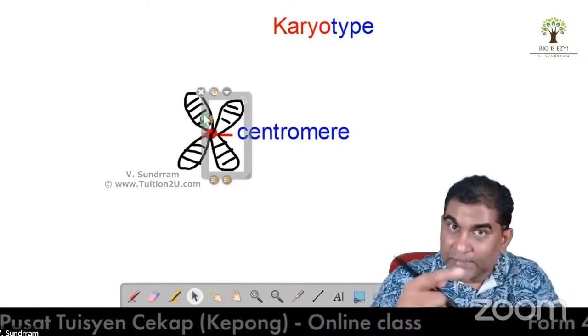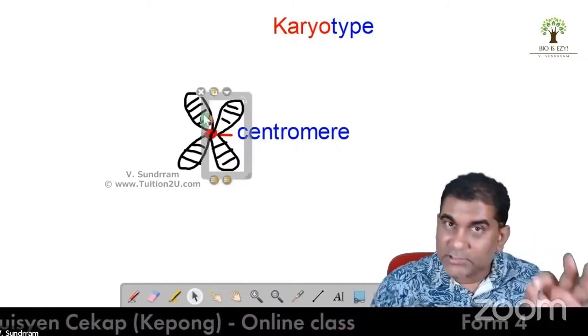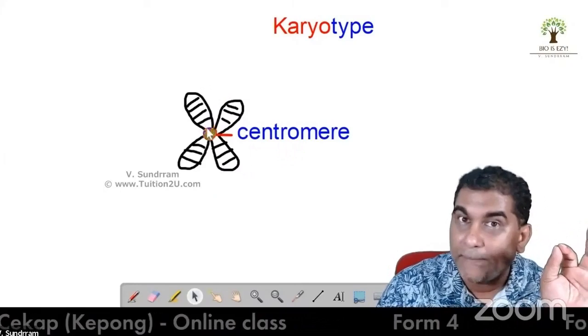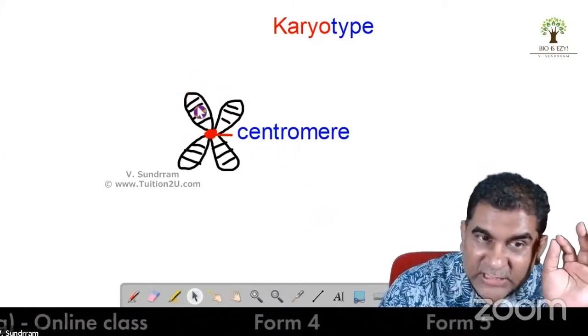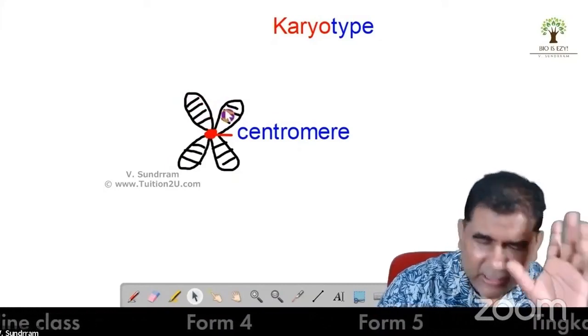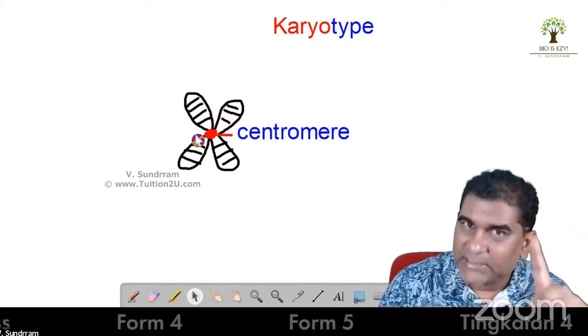The centromere can be in many places. Based on the location of the centromere, the length of the chromosome, and the pattern of bands. But the main thing is based on the length, panjang.